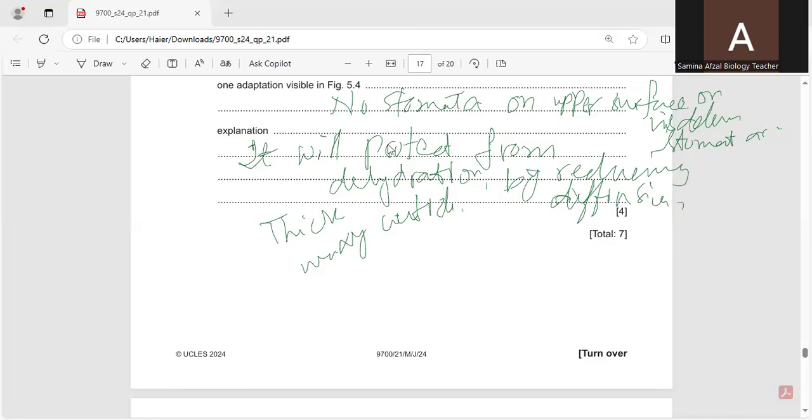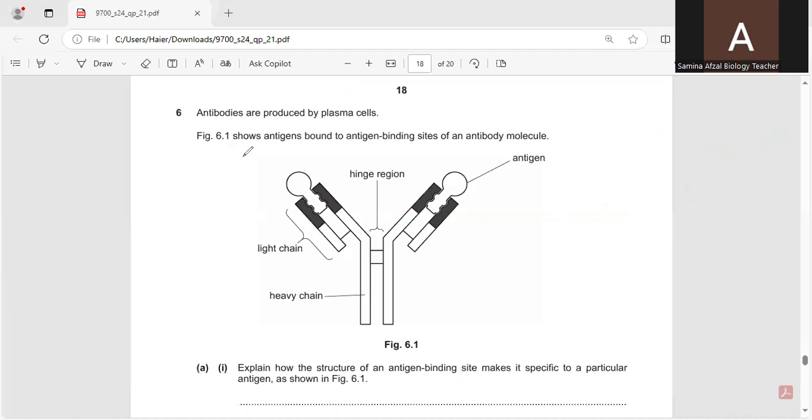Now the next question, question number 6, is there. Antibodies are produced by plasma cells. Figure 6.1 shows antigen bound to antigen binding sites of an antibody molecule. The hinge region is there, antigens, light chains and heavy chains.